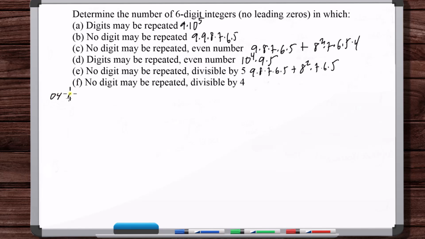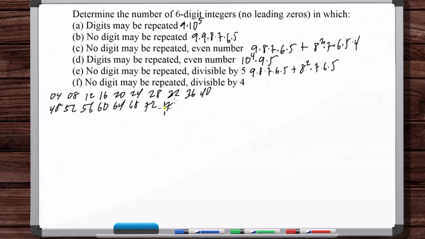04, 08, 12, 16, 20, 24, 28, 32, 36, 40. We don't want to use 44. 48, 52, 56, 60, 64, 68, 72, 76, 80, 84, 86, skip 88, 92, 96.